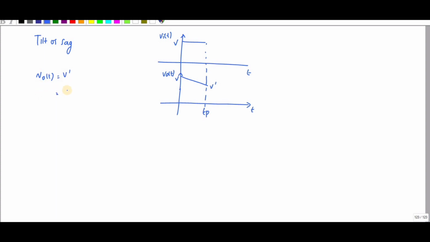So what is my V dash? I know V dash is V into e power minus Tp divided by RC, right? From the previous equation. So what does tilt mean? Tilt means the original value minus the final value divided by V into 100. It is a percentage tilt. So you substitute this value V minus V dash.